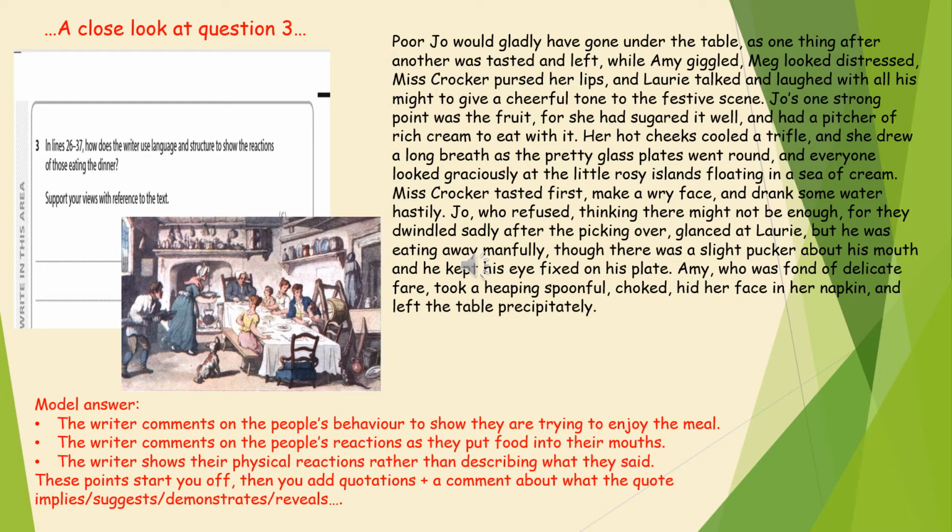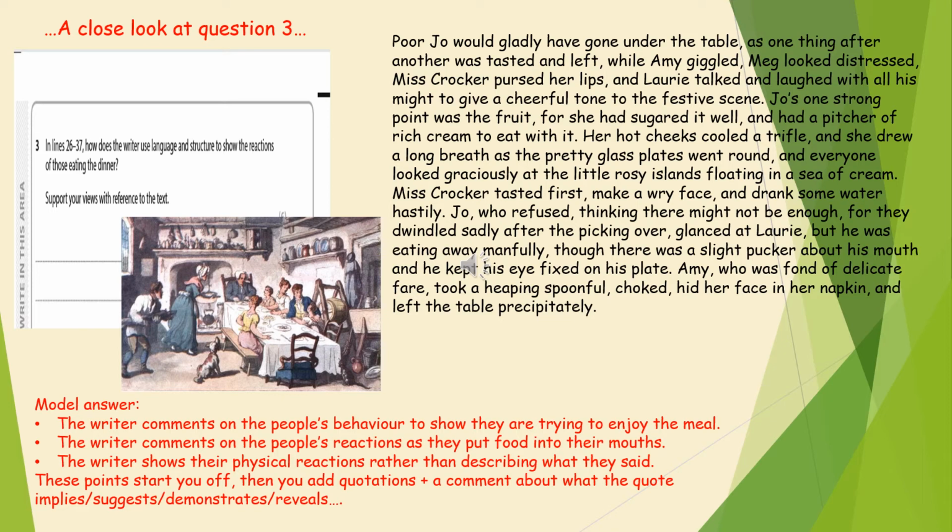And if you look at the model answer, we've got 3 areas that we might explore. From those 3 areas, you will give 2 or 3 examples, and that should be enough to give you your 6 marks. So, for instance, in the model answer, you could say, the writer comments on the people's behaviour to show they are trying to enjoy the meal.